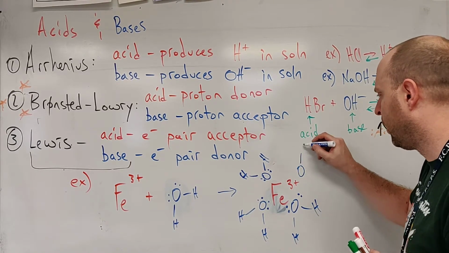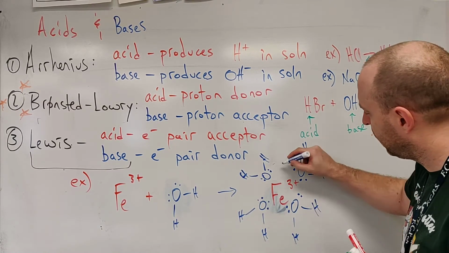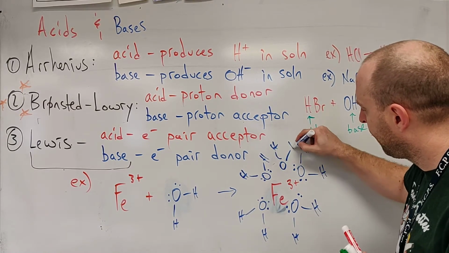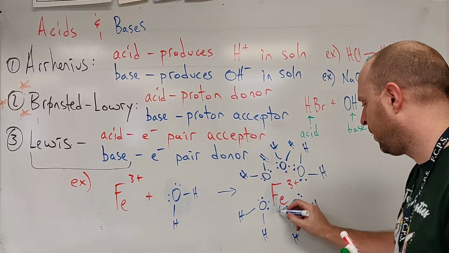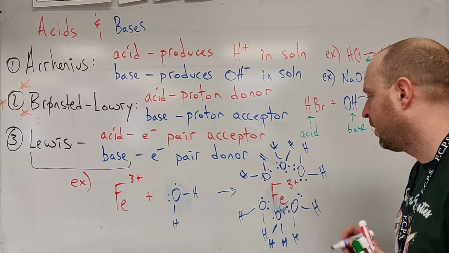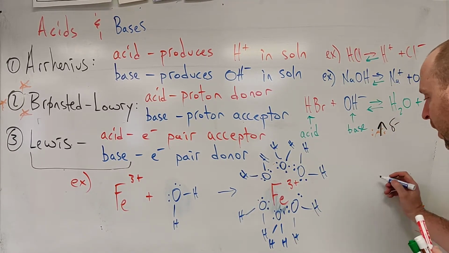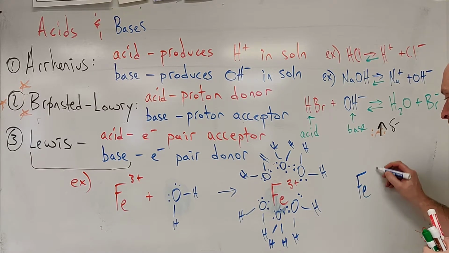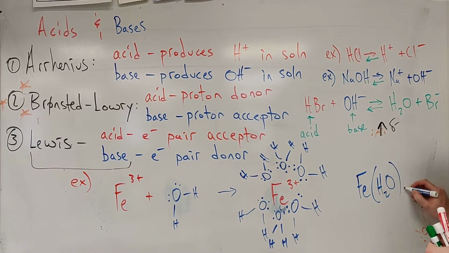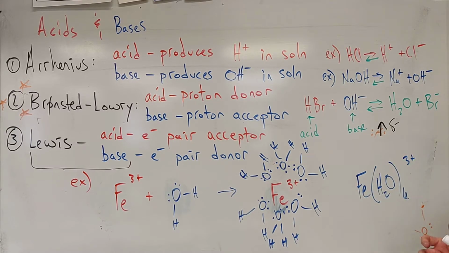But the formula for iron, 1, 2, 3, 4, hexaaqua iron complex ion is this. It happens to take 6 of these waters, and we end up with Fe(H2O)6 3+. The hexaaqua iron(III) complex ion. So this is how that ends up.